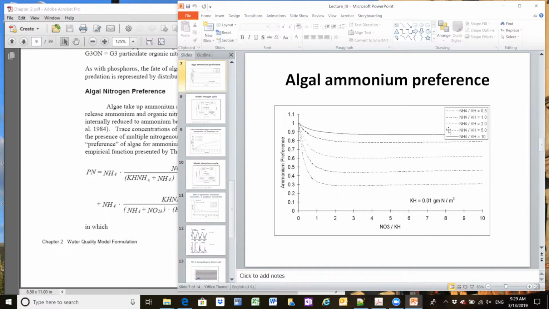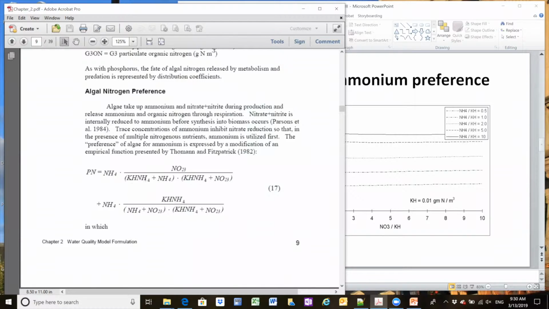If you've got a lot of ammonium, even if there's a lot of nitrate, I'm going to use that ammonium first. If you don't have a lot of ammonium, well, I'm hungry, I'll take what I can get, so I'll use some nitrate. So this is a parameter you're going to want to specify, and as Jim mentioned a few minutes ago, it should be somewhat less than the half saturation concentration for nitrogen uptake.